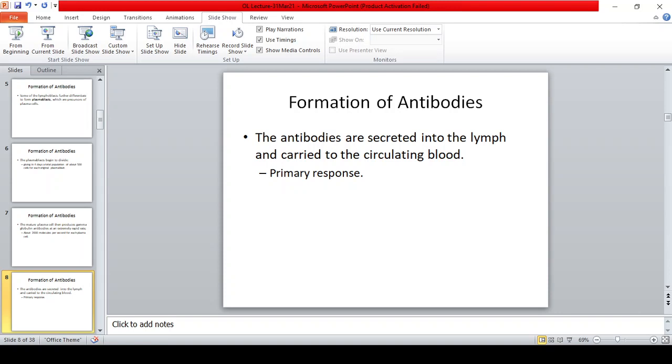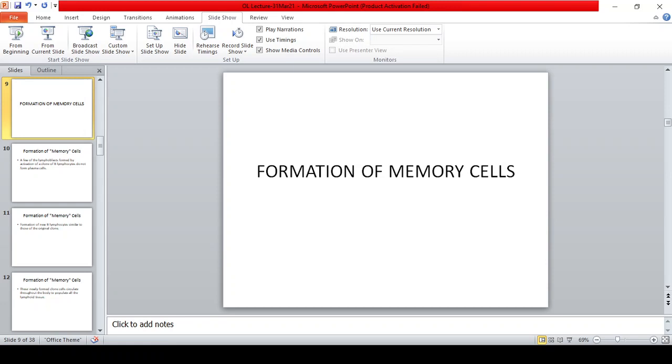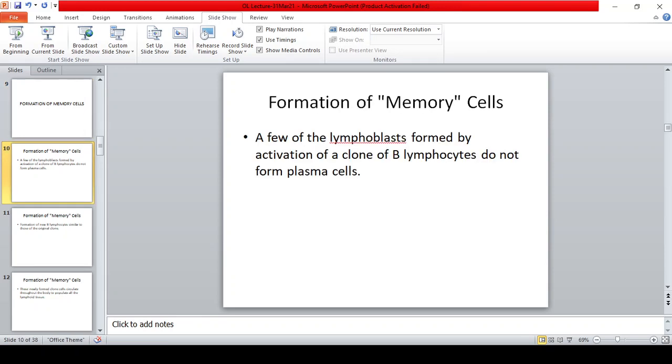This is known as the primary response, to differentiate it from the secondary response, which is basically the formation of the memory cells. The memory cells are formed, and they then carry out the secondary response. How are these memory cells formed?